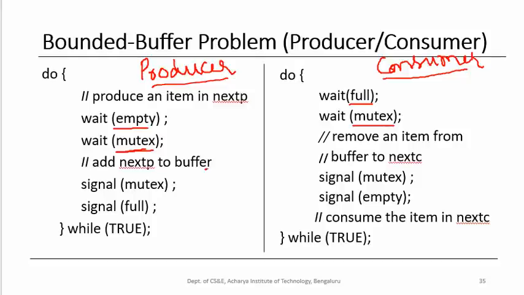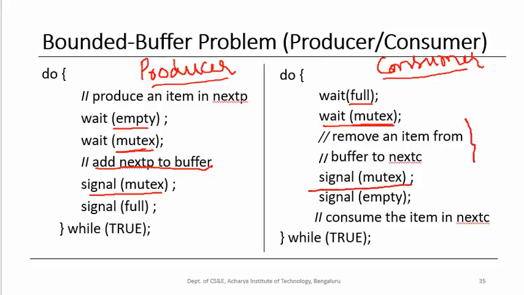Before accessing the buffer, it should ensure that it gets the lock on the buffer. Once the producer is done using the buffer, it will release the lock on the buffer. Same thing is done by the consumer also. It will obtain the lock on the buffer, and after it is done with the buffer, it will release the lock on the buffer.